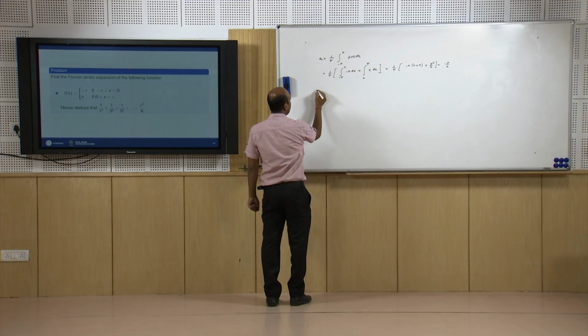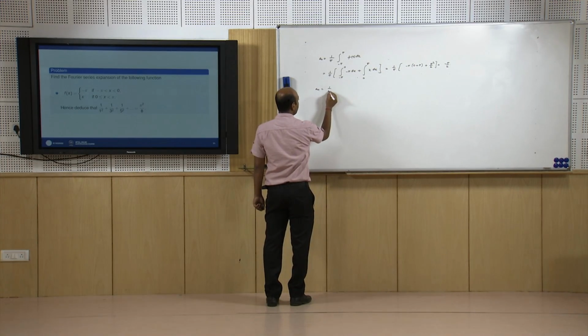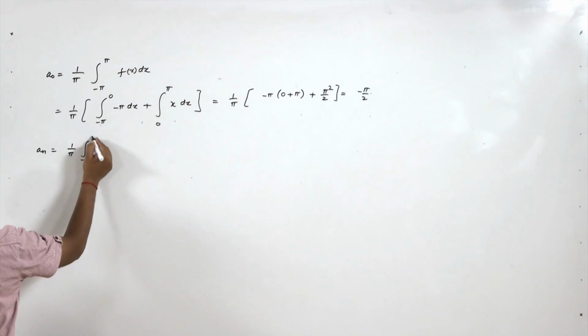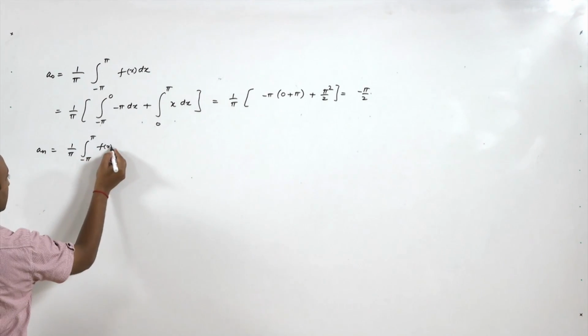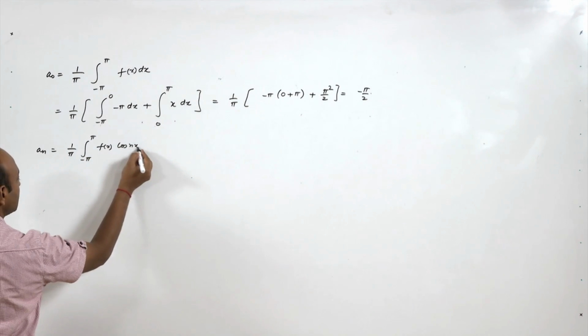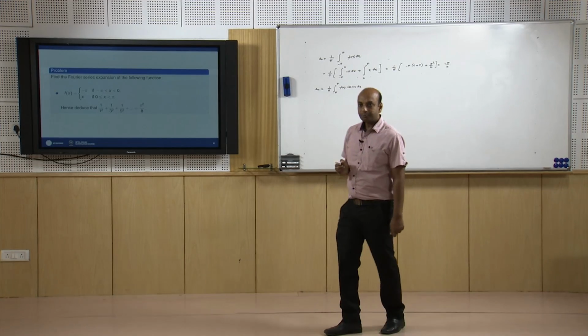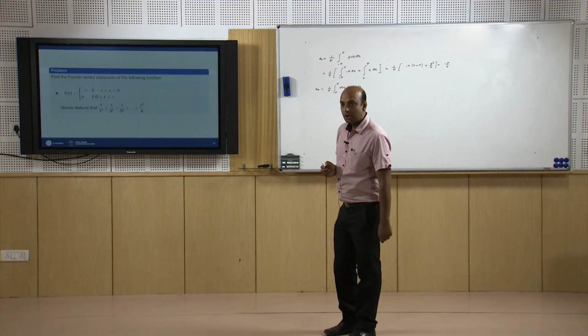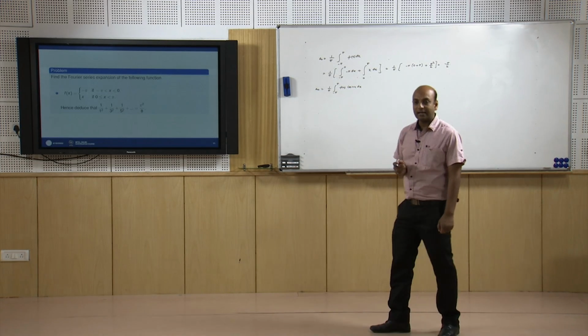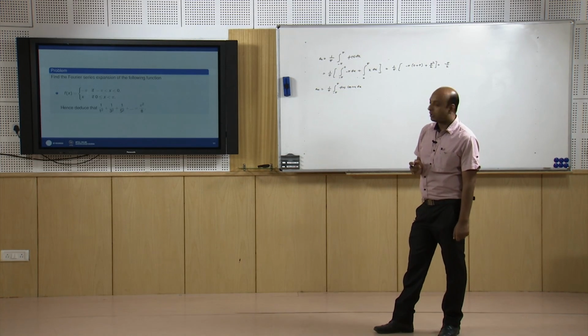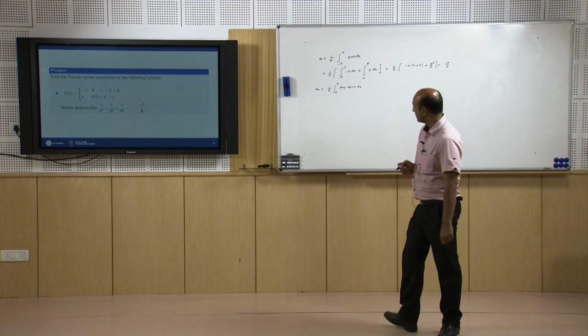Now, a n is nothing but 1 by pi integral minus pi to plus pi f(x) cos nx dx, because here L is pi. So, instead of cos n pi x by L, if you take L equal to pi, it will be nothing but cos nx dx. Okay.